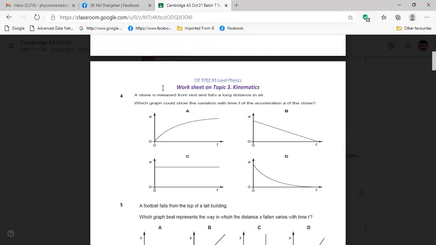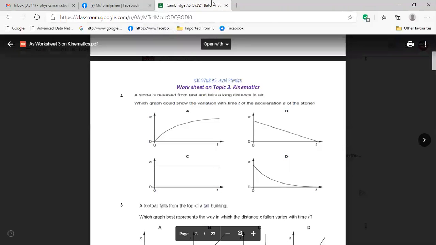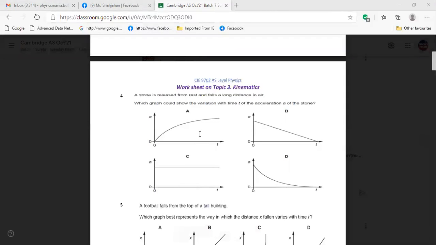So check the acceleration graph, which one is matching. Third graph we had. Do you understand what I'm saying? Yes, sir. So now say which one is your answer if you got it.